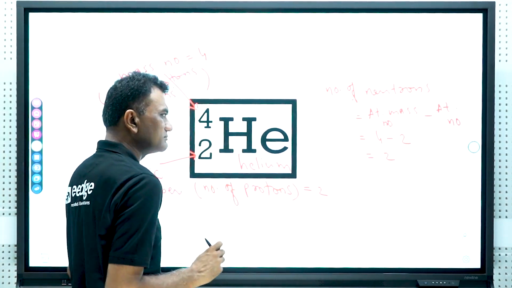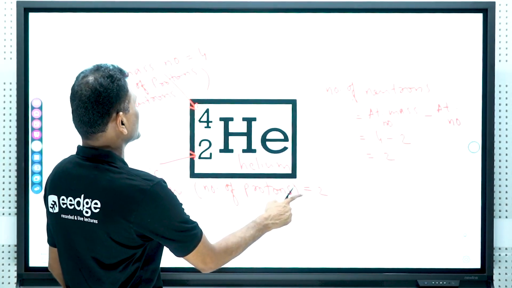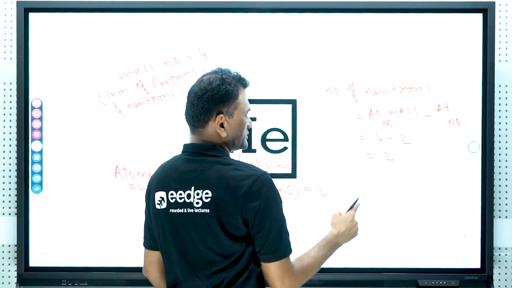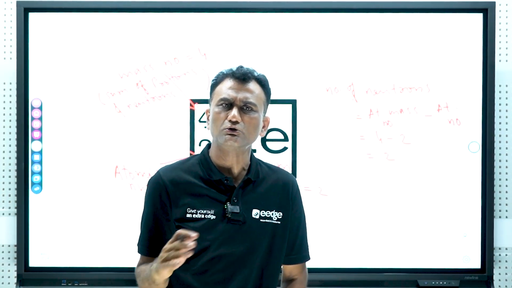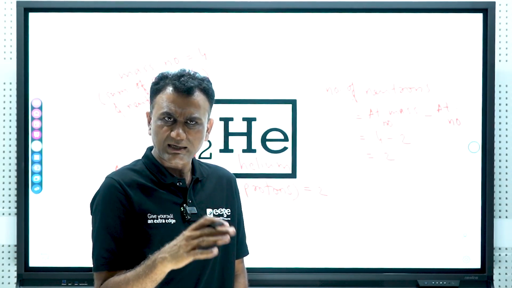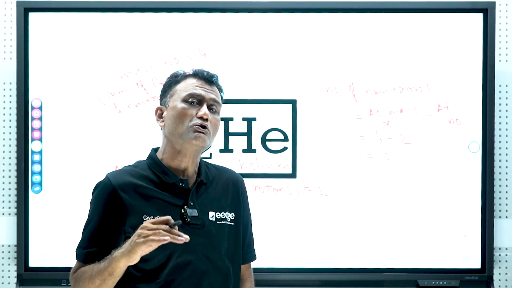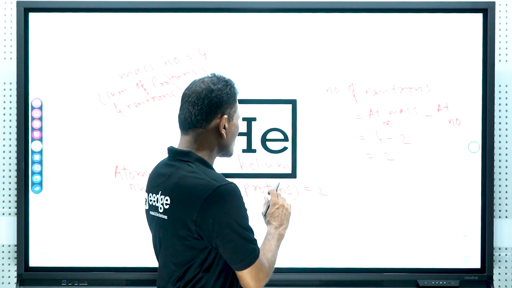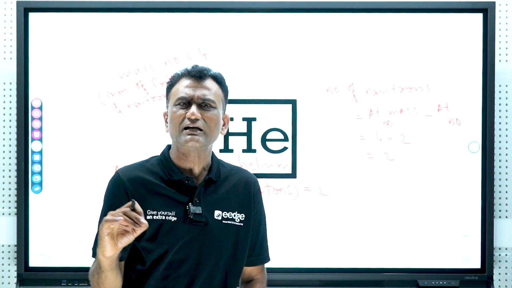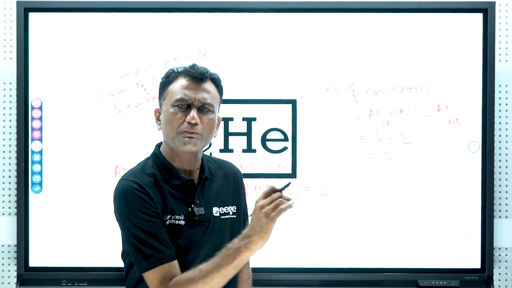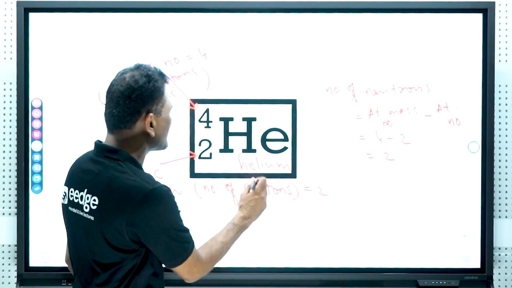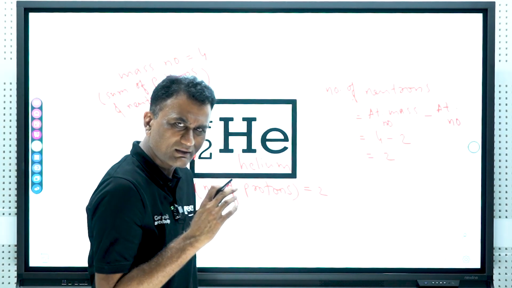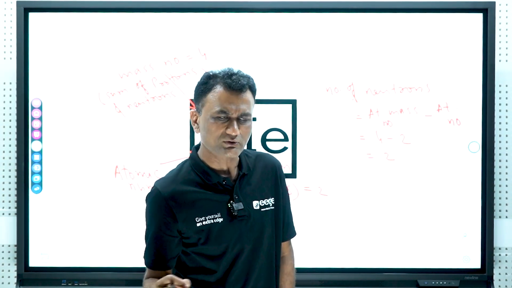So helium atom consists of 2 protons, 2 neutrons, and as discussed previously, atoms are electrically neutral. Atoms have no overall charge. Protons carry positive charge and electrons carry negative charge. In an atom, number of protons is always equal to number of electrons. So as helium consists of 2 protons, it also has 2 electrons, right?